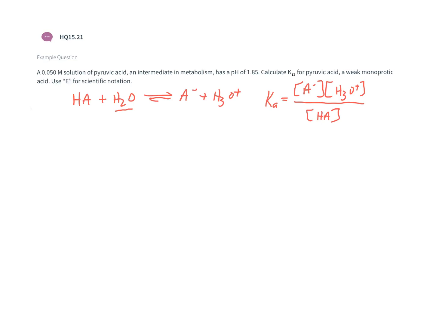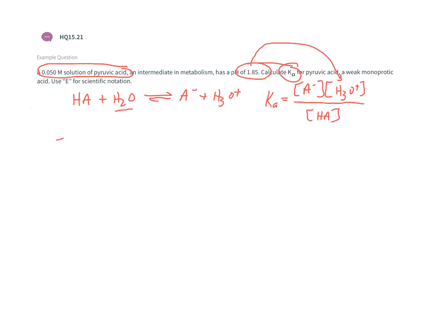So we are given the concentration of the pyruvic acid and we're given a pH value and asked to find Ka. So right now we have a few too many unknowns. We actually do know the concentration of hydronium because remember, pH is the negative log of hydronium.